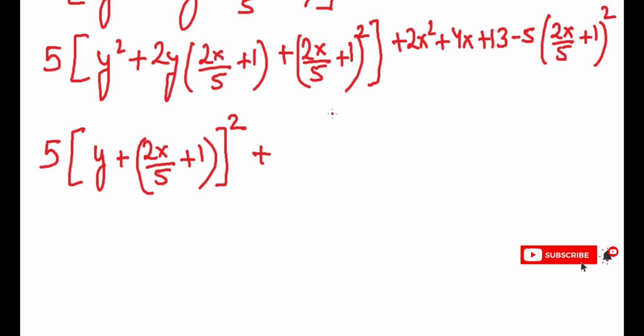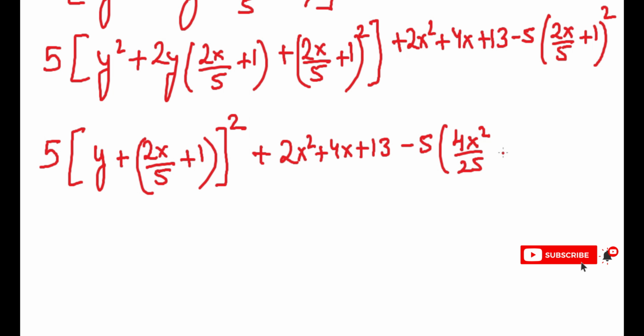Now this part remains the same, 2x square plus 4x plus 13, and what happens to this? We will open this. So negative 5 times the opening of this bracket, I am just doing it step by step. So 4x by 25, this x will become square now, plus 2 times, so 4x by 5, plus 1.